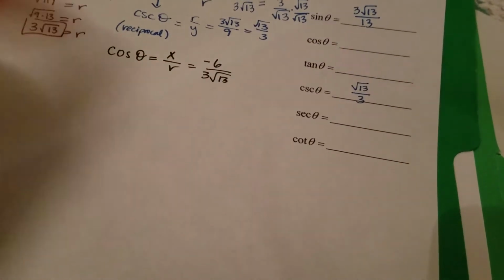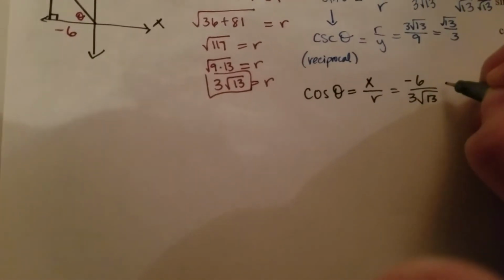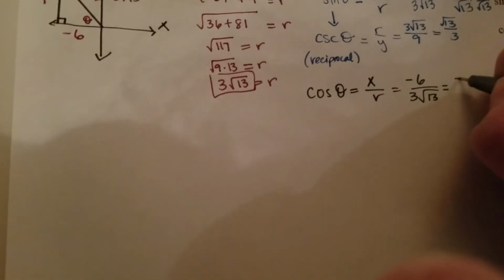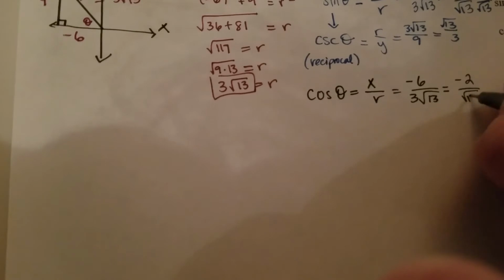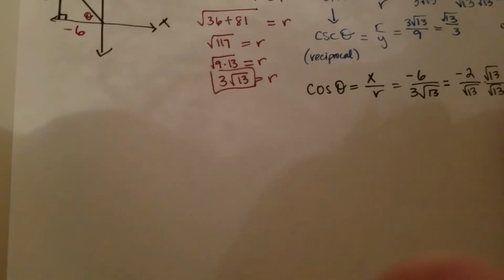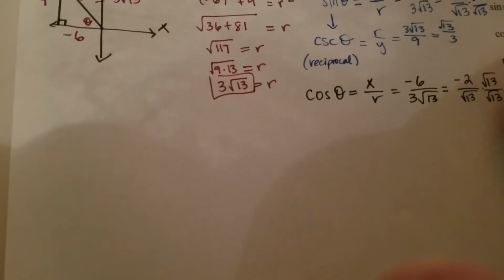Okay, so it's negative here. You do need to do that. Okay, and 3 goes into 6 2 times, so you'll have -2 on top over root 13, and then you are going to rationalize. Okay, so you have -2 root 13 over 13.